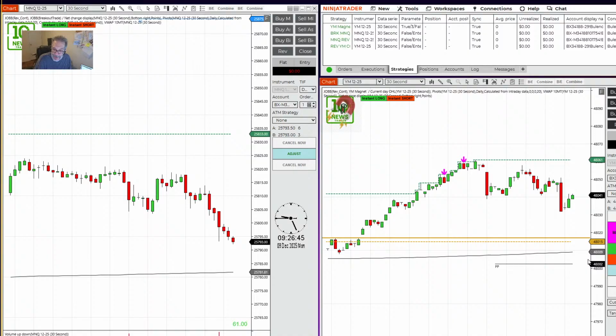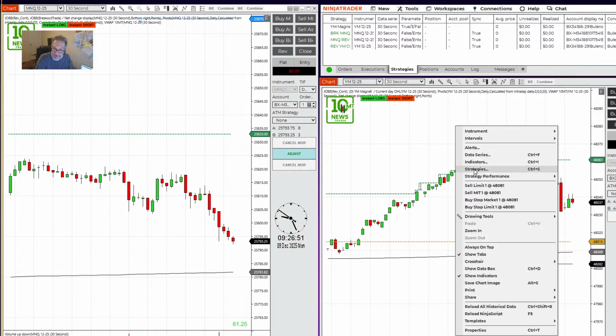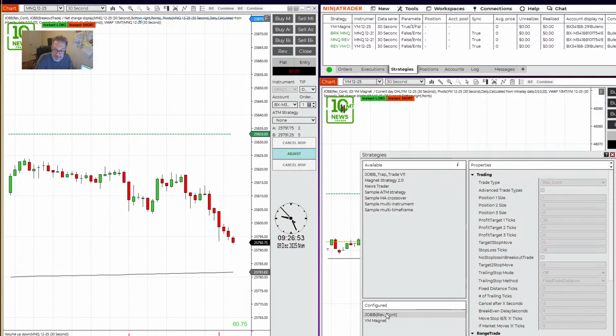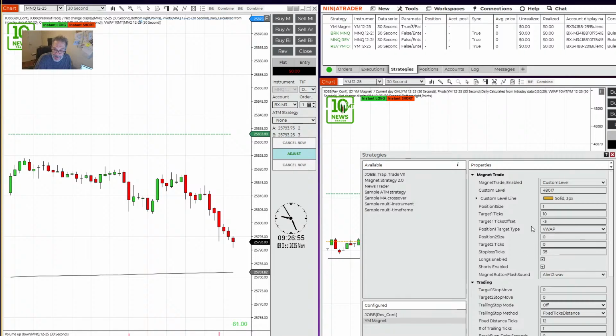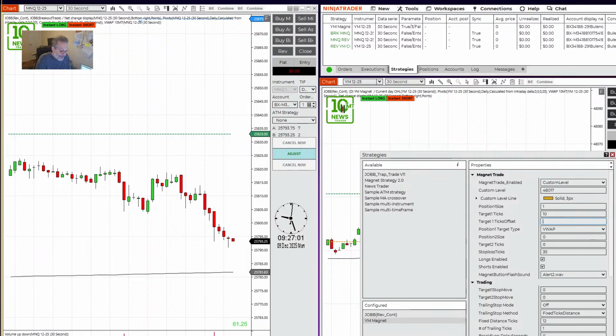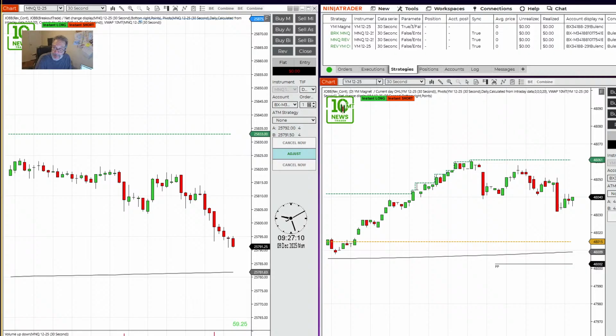Probably we should go for more ticks in the target. So if I want to go for more ticks in the target, instead of using the default of 3 ticks before it gets to the VWAP, let's put 8 more ticks in so it goes through the VWAP to the PP. Maybe it'll get to the PP.